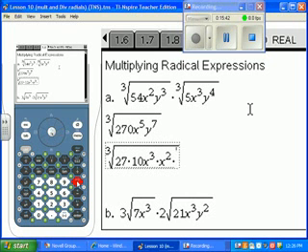Why am I going to use y to the 6th instead of y cubed? What's the cube root of y to the 6th? What are you going to do with those indexes? Divide them, right? So you could do y cubed, but you're going to have to reduce again afterwards. All right, so we get y to the 6th and y, just y. Y to the 1st, you put a 1 in there if you want. It's implied, you don't have to put it.